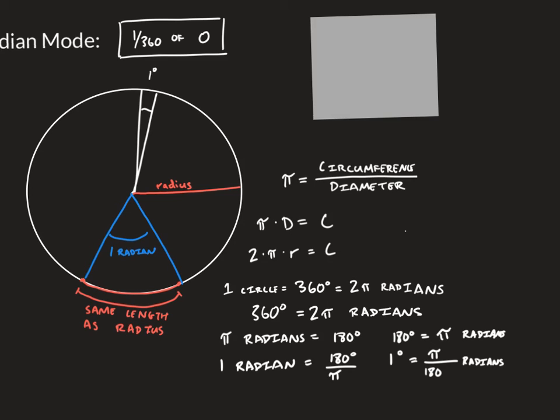So we said that this was 1 radian. We now know that that's exactly 180 degrees over pi, which is about, let's see, pi is about 3, a little more. 180 divided by 3 is 60. So it's going to be a little less than 60 degrees, approximately 59 degrees-ish. And over here, 1 degree is equal to pi divided by 180 radians.